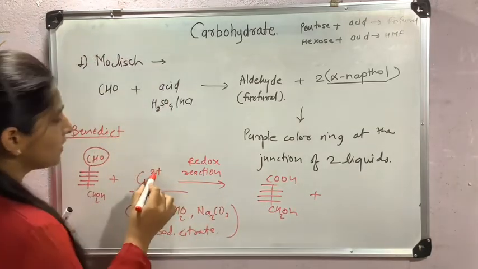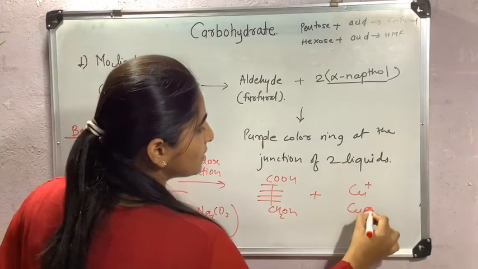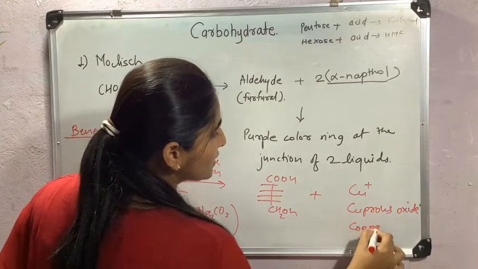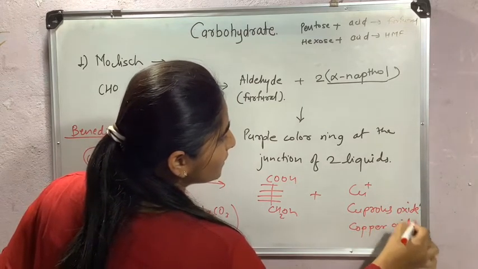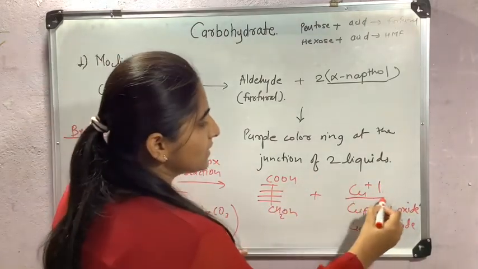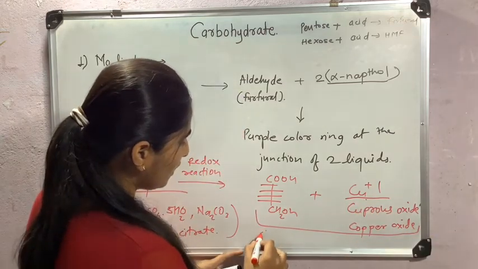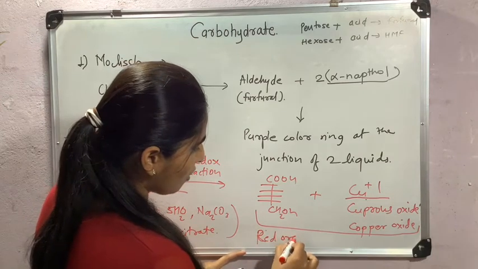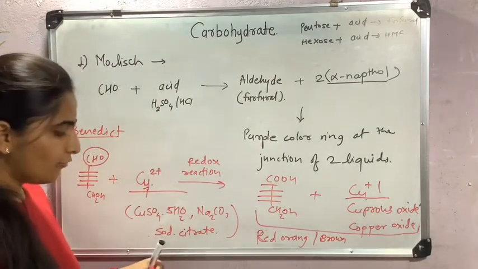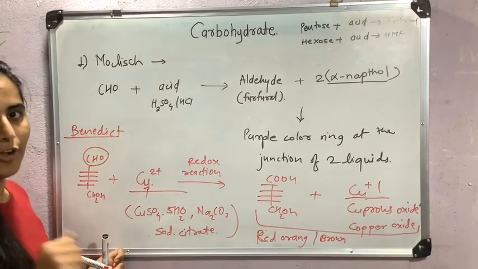And Cu2+ with oxidation state 2+ will reduce to Cu+, that is cuprous oxide, with oxidation state +1. Due to this, a red, orange or brown-orange precipitate will form. From this we can understand whether the sample contains reducing sugar or not.